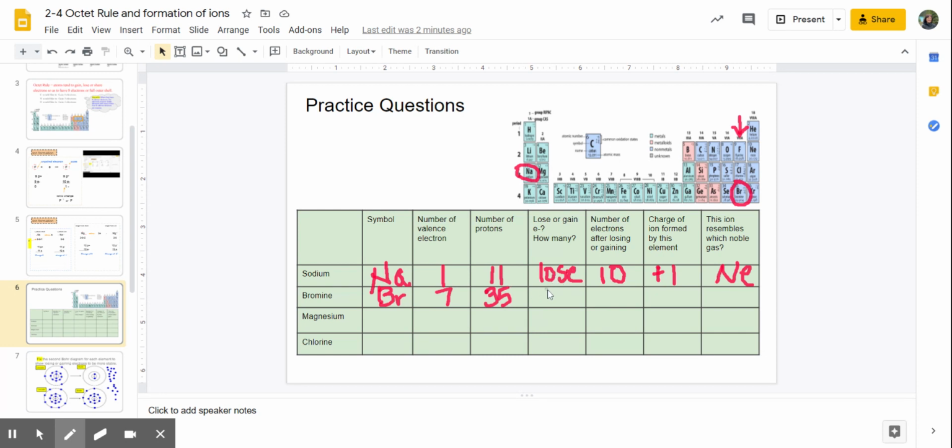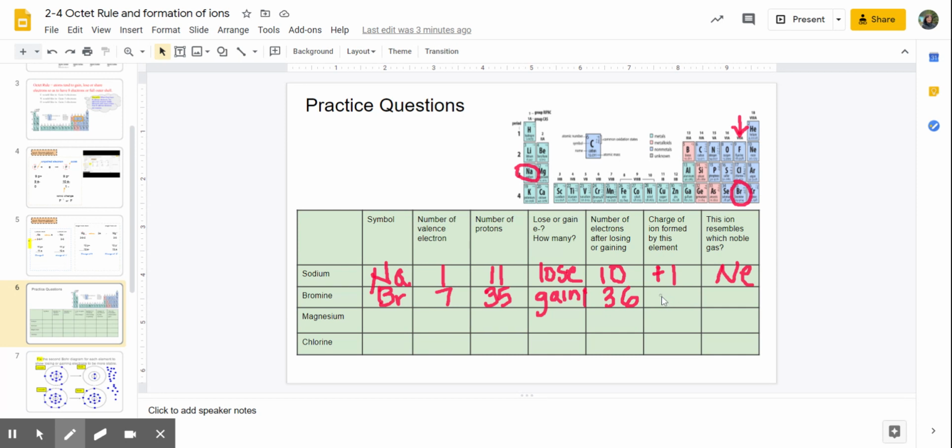Will it lose or gain electrons? Remember, it has 7 valence electrons, and atoms want to get an octet, so it'll be easy to just gain one electron. After gaining one, it's going to have 36 electrons. Remember, in the beginning, bromine has 35 electrons.